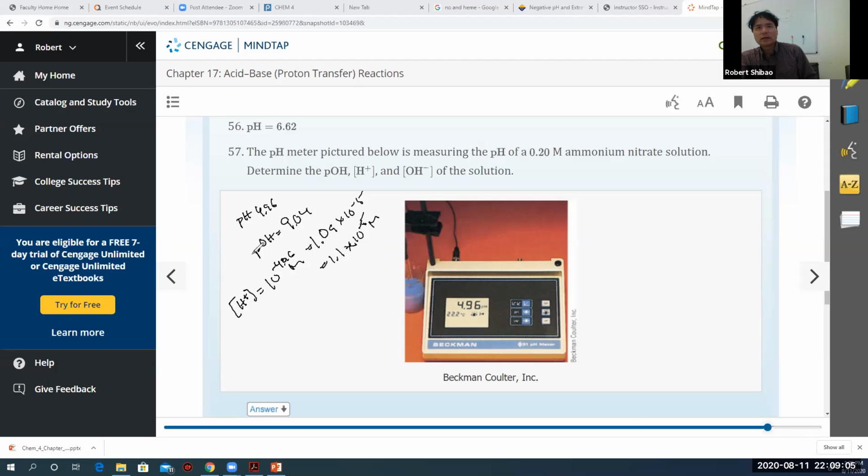There are 2 ways I can get the hydroxide. One is by using the same type of equation for hydroxide. So the hydroxide I can get, that's 10 to the minus pOH, so it's going to be minus 9.04. Or I can use KW. KW is 1.0 times 10 to the minus 14, which is going to be the hydronium or hydrogen ion concentration times the hydroxide ion concentration.